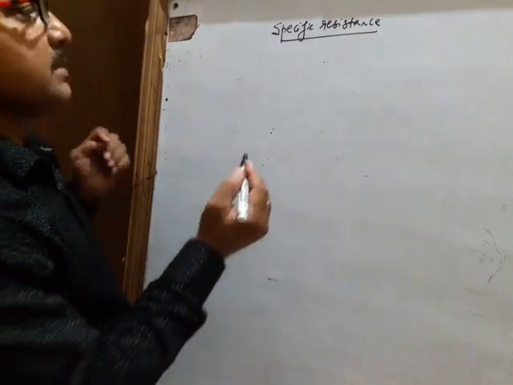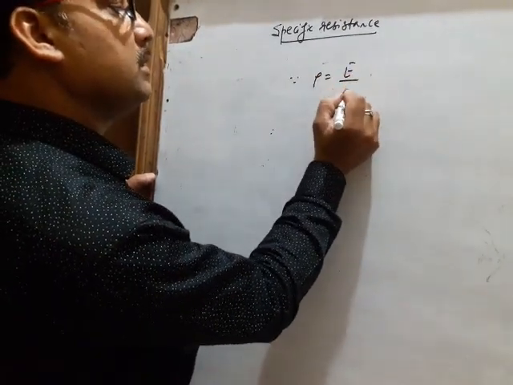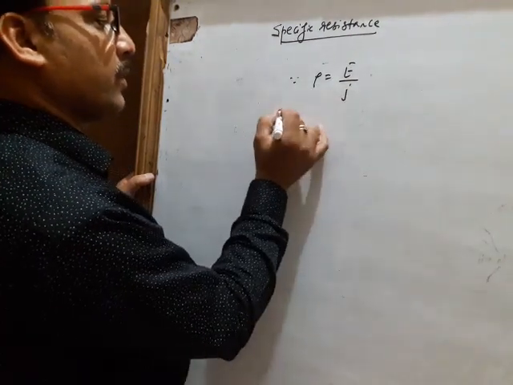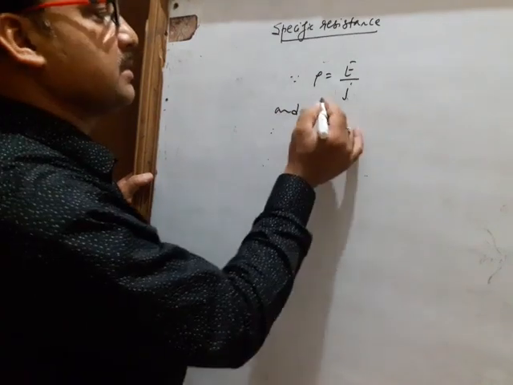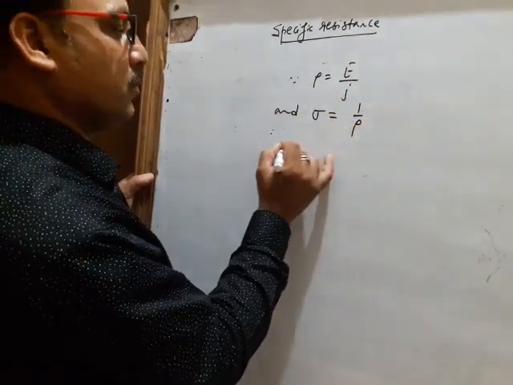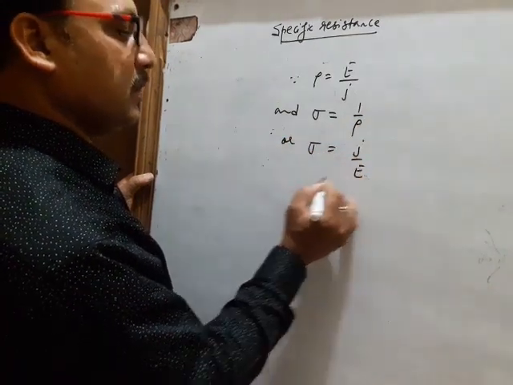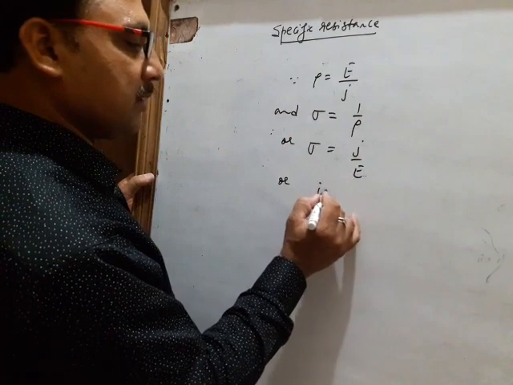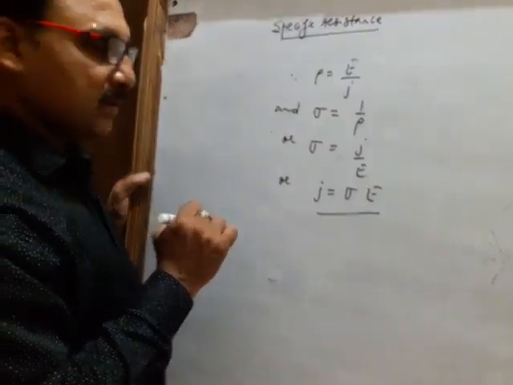Now if I say, since rho is E upon J and sigma, if I talk about conductance or conductivity, this is 1 upon rho, or sigma is J upon E. So you get another formula, J equal to sigma E. This is another formula.